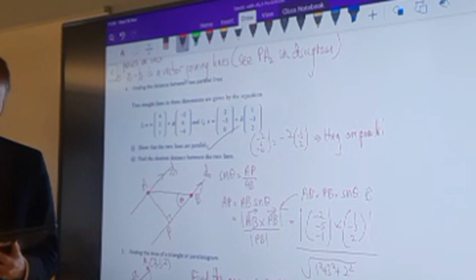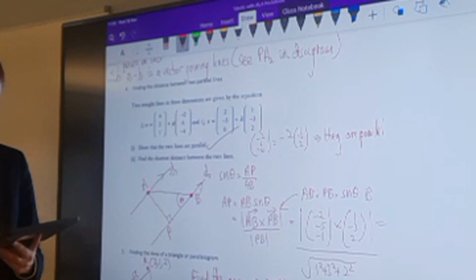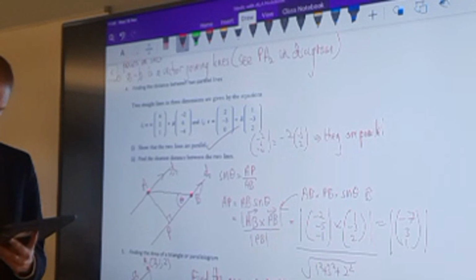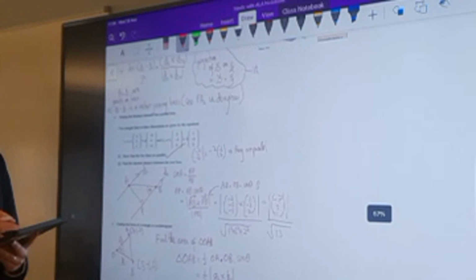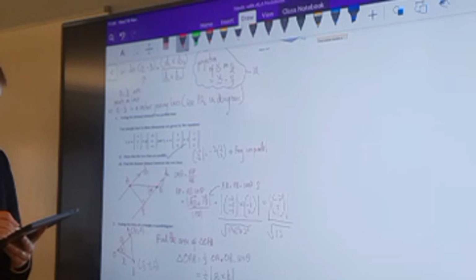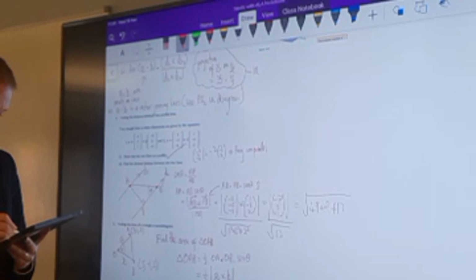Have you worked it out? Okay. What do you get if you do the cross product, -7, 3, 11? I'll take your word for it. Over root 13. And then we need to work out the magnitude of the thing on the top, which is root 49 plus 9 plus 121, over root 13.